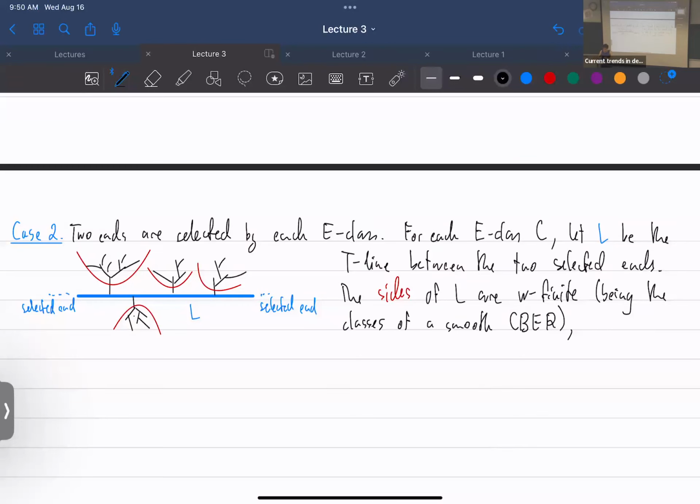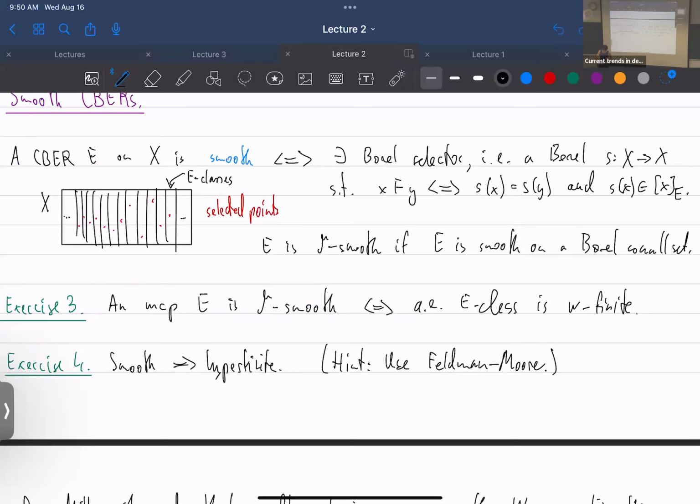Yes, but I want to use this case later. This is the exercise you didn't do, which is exercise number 3 yesterday: that an equivalence relation is smooth if and only if almost every class is W finite. So in PMP, it would just be an equivalence relation is smooth if and only if each class is finite.